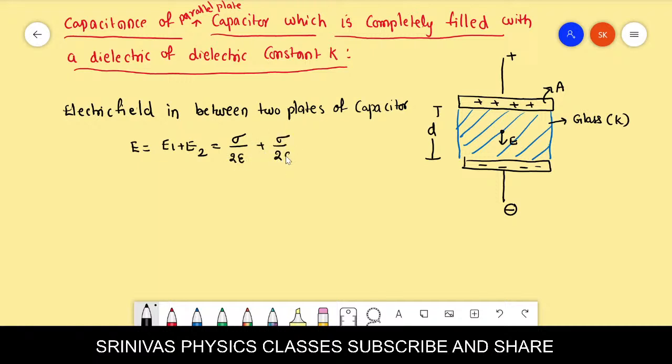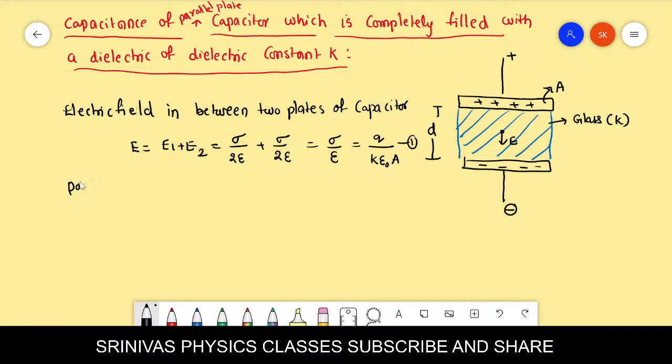When we add both of them we get sigma by epsilon. Why are we writing epsilon? Because in a medium the permittivity is epsilon; if free space or air is there, we write epsilon naught. Here sigma is Q by A and epsilon is K epsilon naught, so E is Q by K epsilon naught A. This we consider as equation 1.